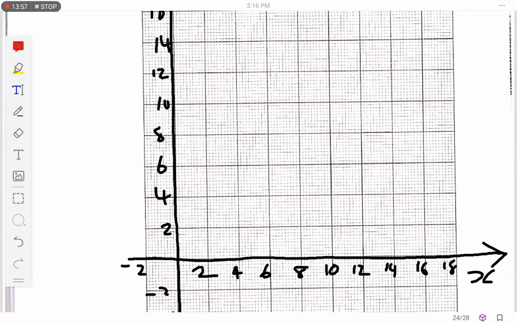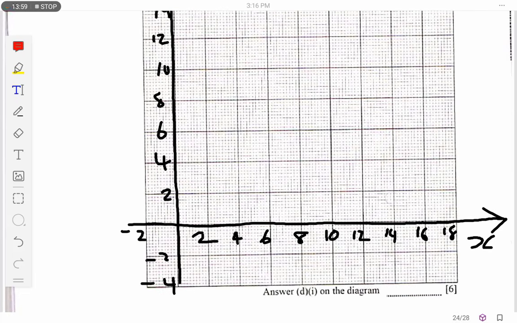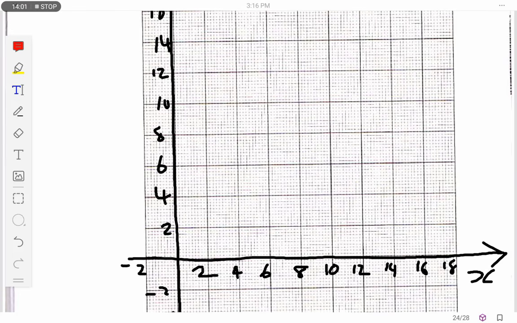My 5 is here, at the center for x. It's a straight line, so it's going to be straight like this. Let me just confirm. Okay, something like that. So this is x is greater or equal to 5.